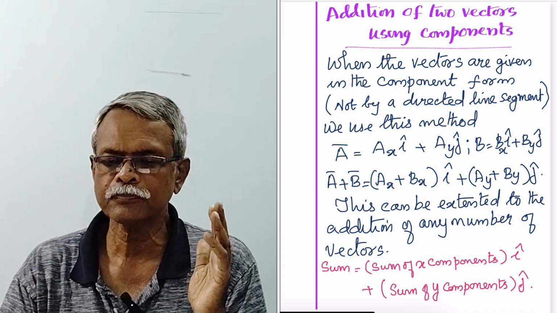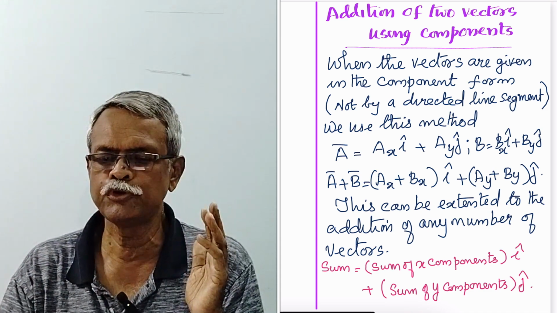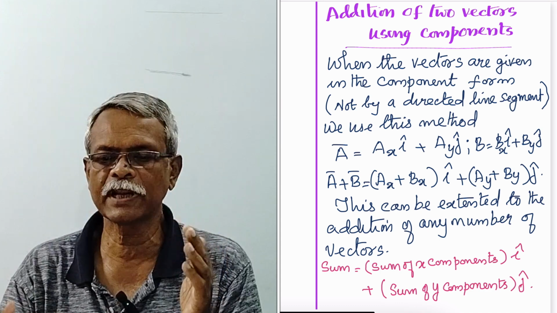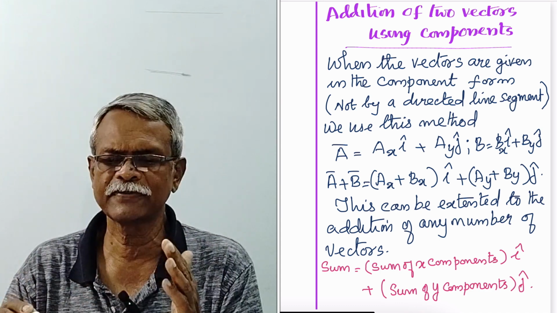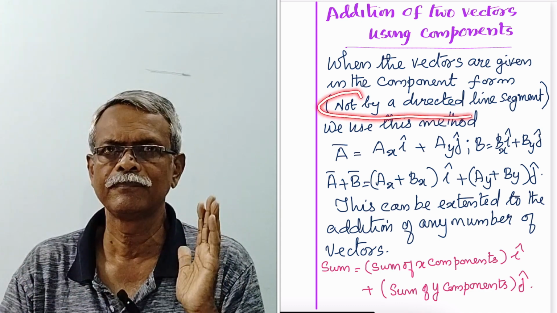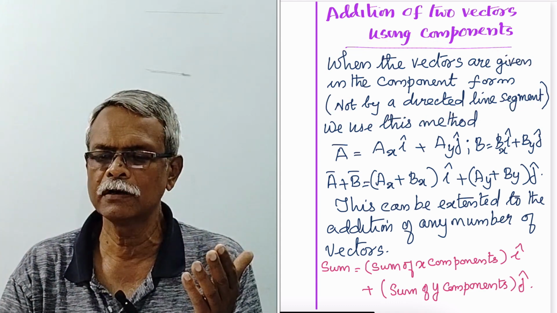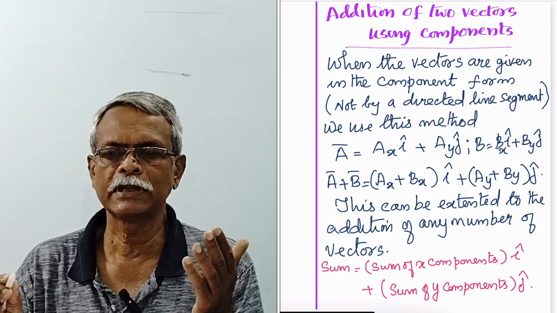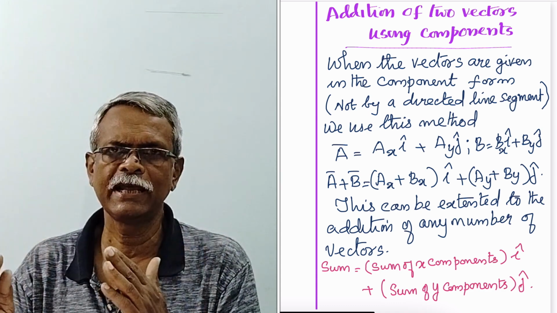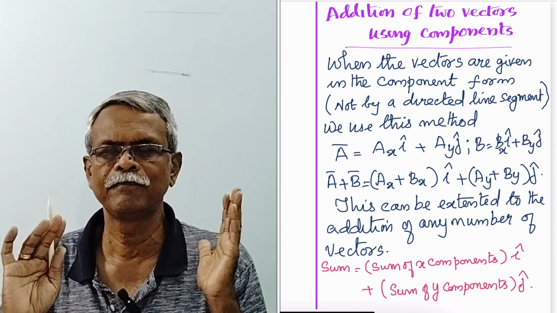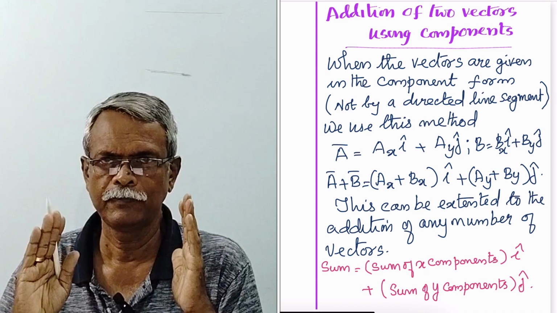For example, this is 3, this is 2. Then this is 3i plus 2j, which represents A. Similarly, you have another vector B. Say this is 1 and this is 1. That is 1i plus 1j. That gives you B.